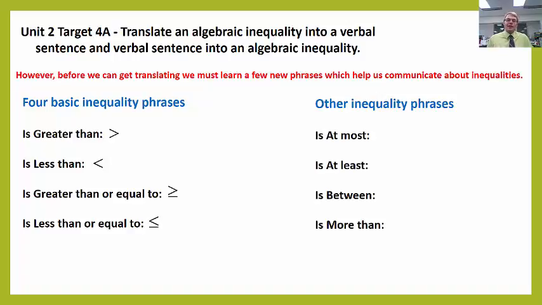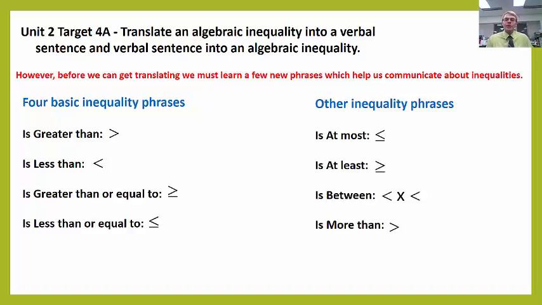Is at most, is at least, is between, is more than. These can all be phrases referring to inequality. So let's take a look here. You can see is at most is actually referring to less than or equal to. Is at least is referring to greater than or equal to. Those are 2 that are easy to mix up, and we'll work on using those and talk about those more later.